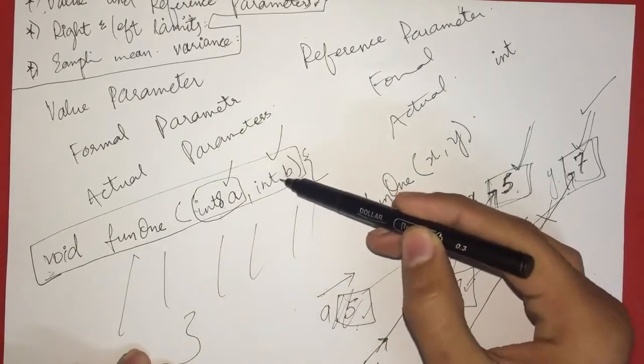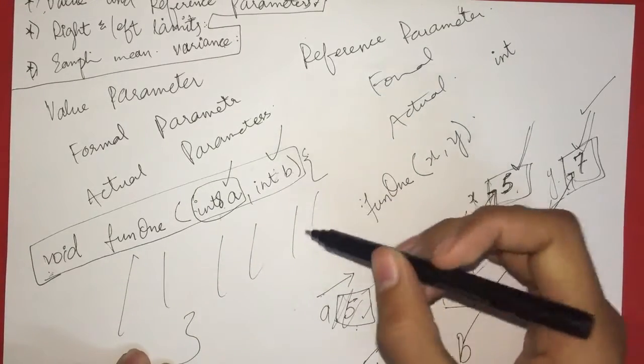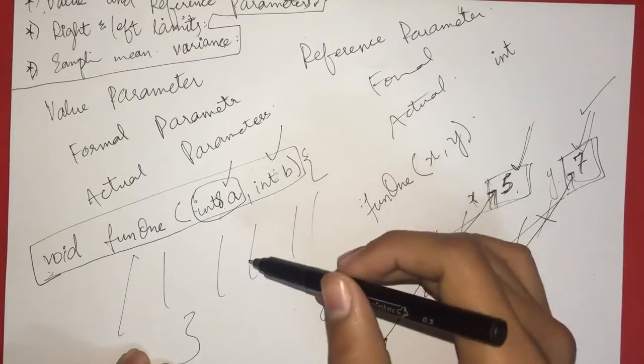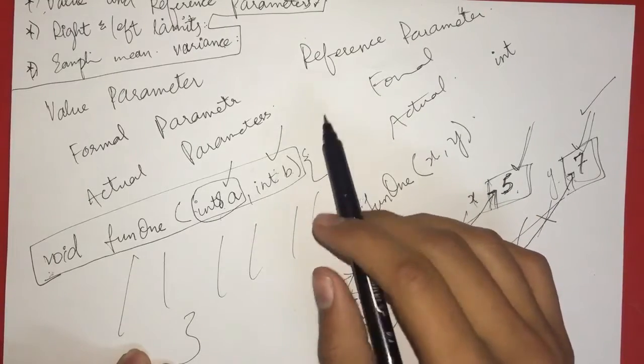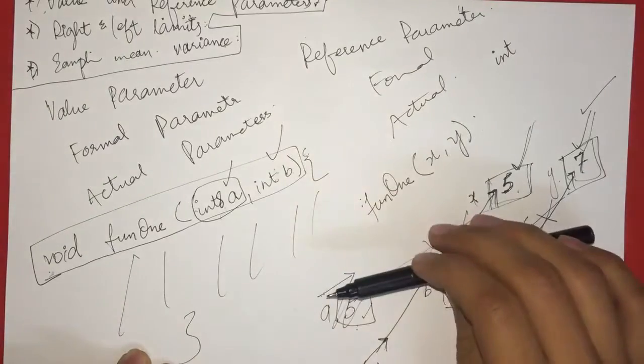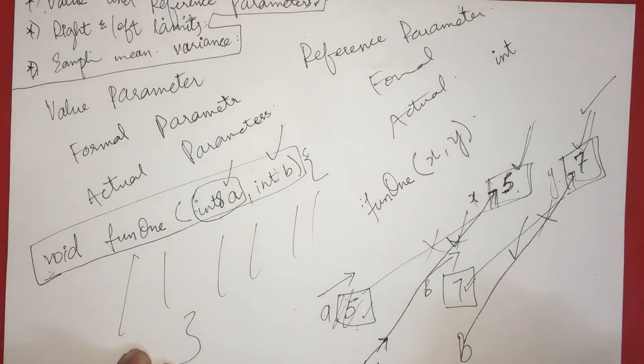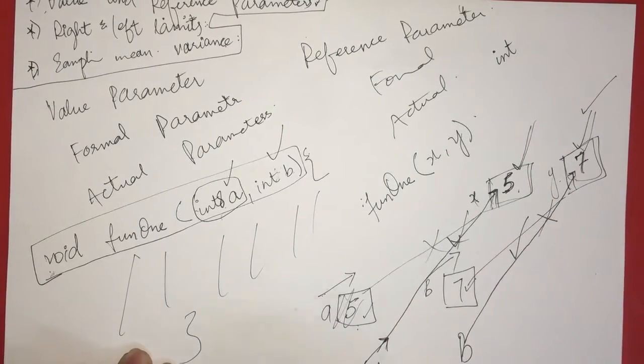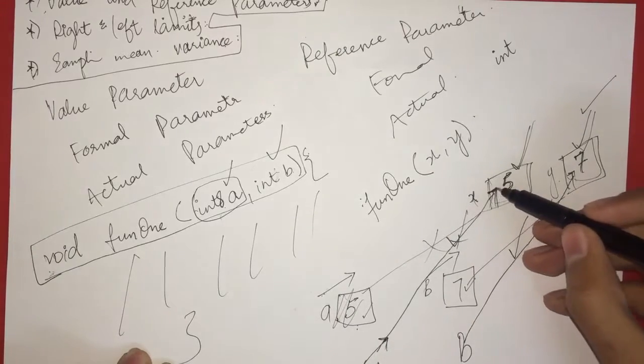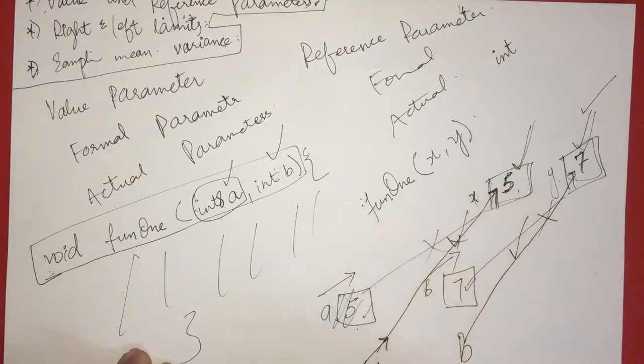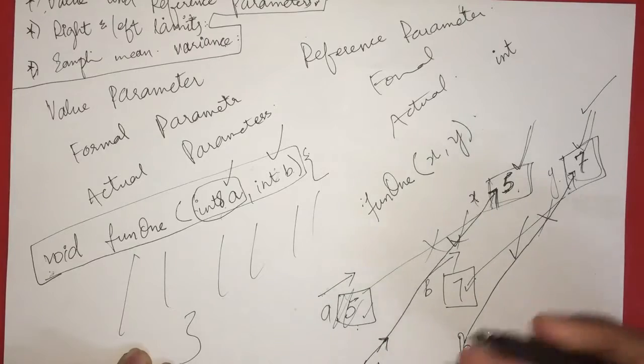When you don't put an ampersand sign after your data type, the compiler will know that it is not a reference parameter. If it is a reference parameter, the formal parameter is just referred to your actual parameter, and the values keep getting changed as the data is manipulated.